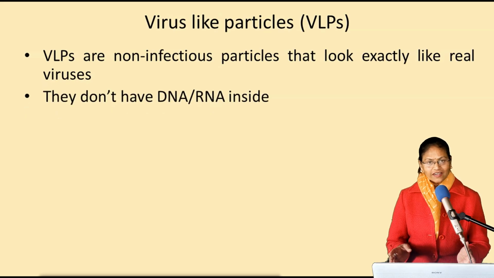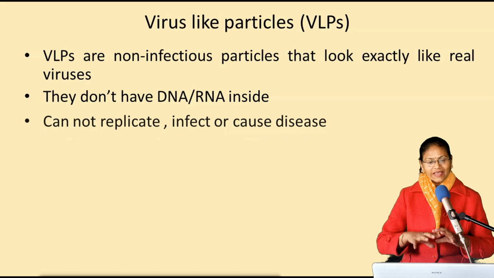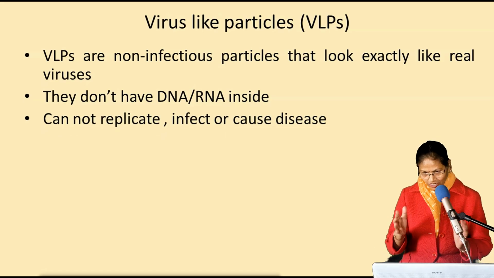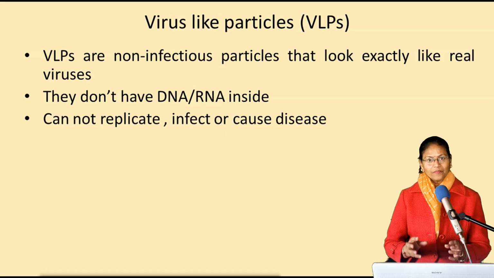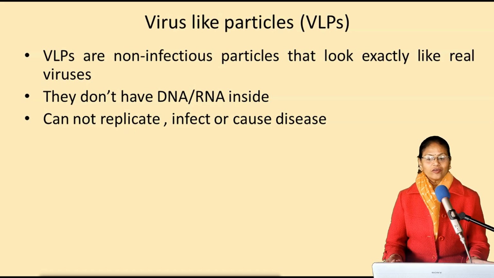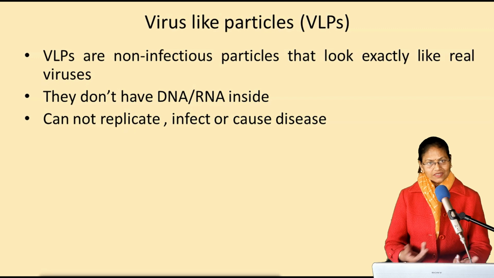They don't have DNA, RNA inside. So then what do they have? They have only the protein coat structure, which looks exactly like a virus, but it cannot replicate, it cannot infect, or cause diseases, because it doesn't have a genome, it doesn't have DNA, RNA, only the protein coat is there.